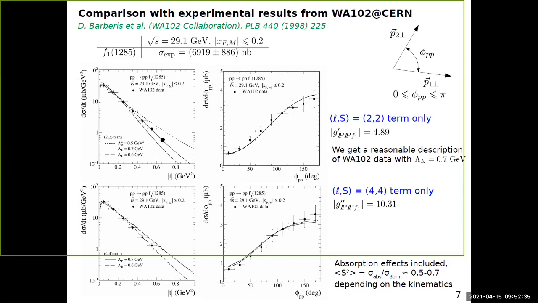From fitting the mean value of the total cross-section, we find the values of the coupling constants, G prime and G double prime. And absorption effects were included at the amplitude level, and this effect depends strongly on kinematics and strongly affects the cross-sections.